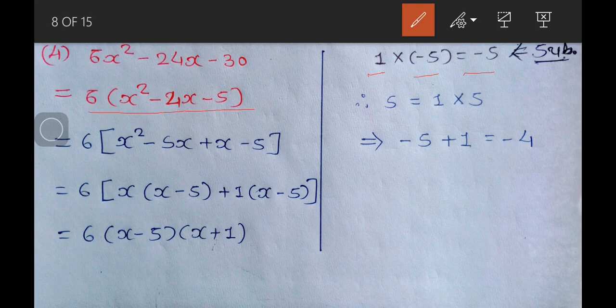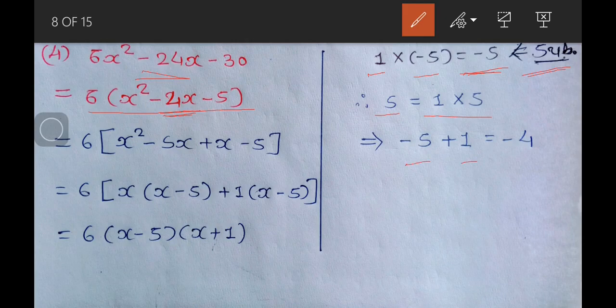So we do subtraction of the factors of 5, and then we get the middle term of our polynomial. 5 has the factors 1 into 5. So you can find that if we do subtraction of 5 and 1, then we get our middle term as 4. Now we have put first 5 and 1.